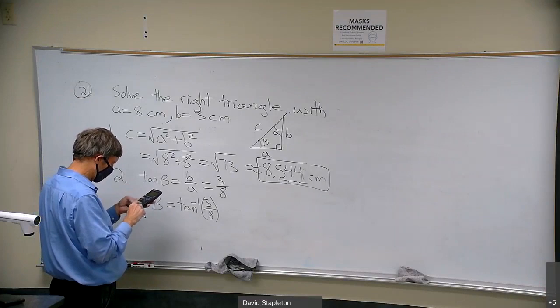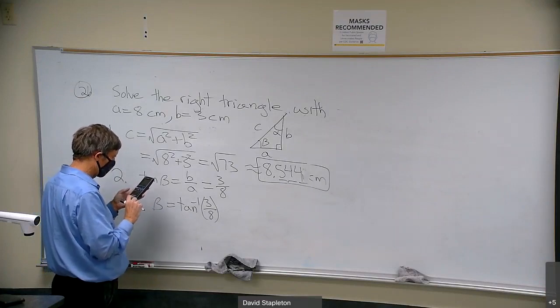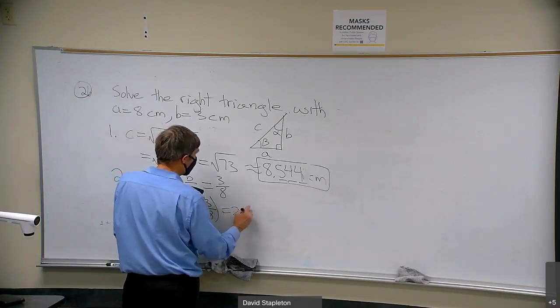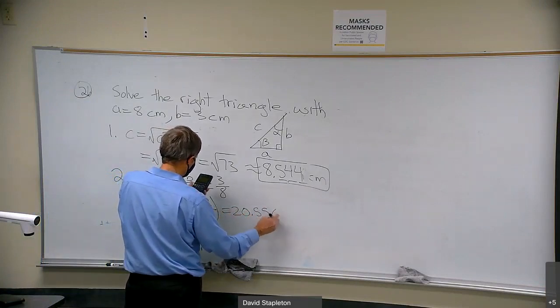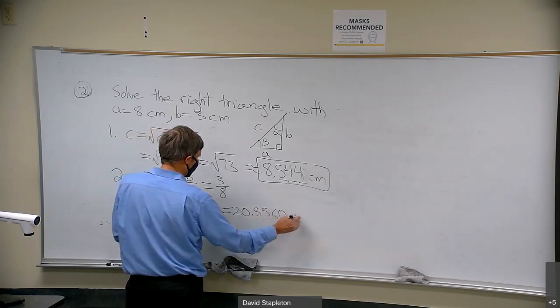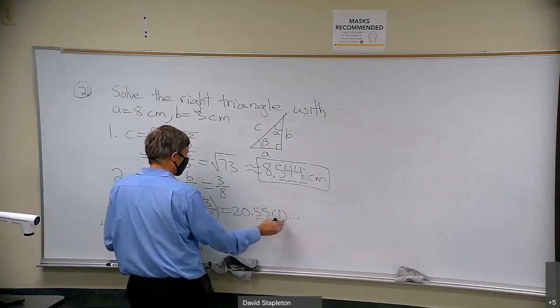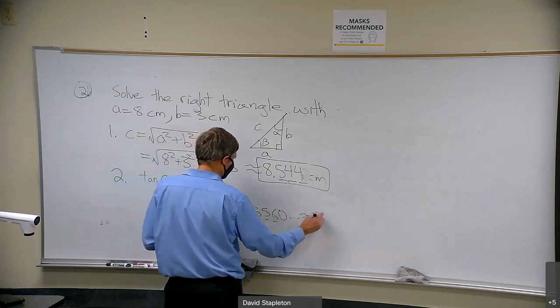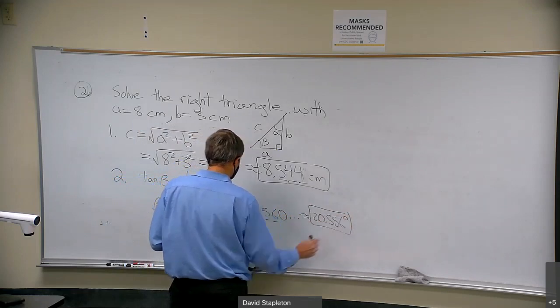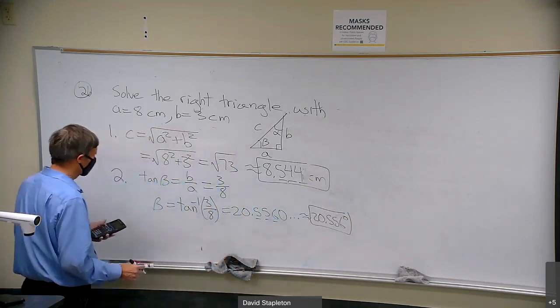I come up with 20.556. If I round that to 3 decimal places, then I call it 20.556 degrees, right? I'm in degrees mode.